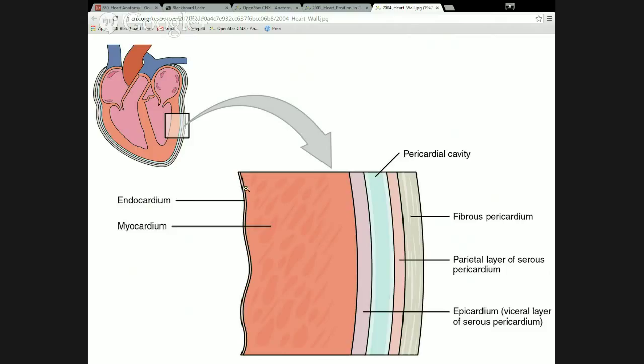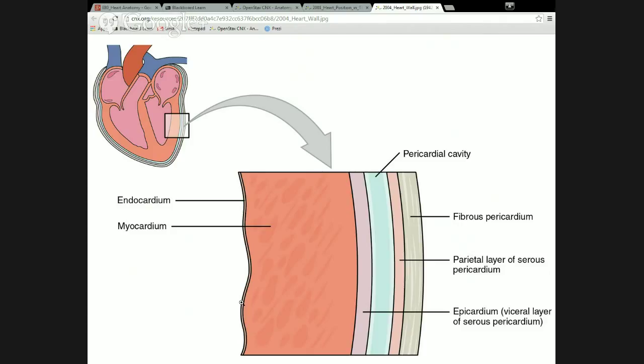And then the innermost layer is the endocardium, which is another simple squamous epithelium and its associated connective tissue, areolar connective tissue. In this case, it's not 2 layers, it's just lining the inside of the heart, and it's continuous with the lining of the blood vessels.